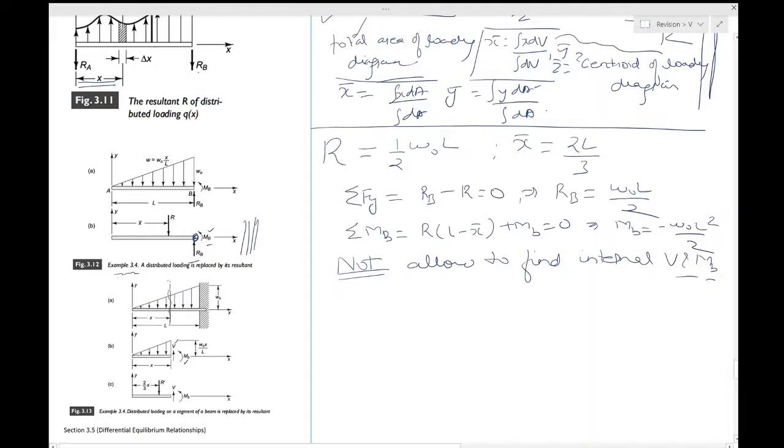Now you take a cut at X, and for this particular one, R would be the area under the curve, which would be half into base, which is X, into height.